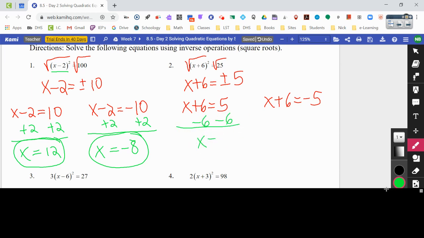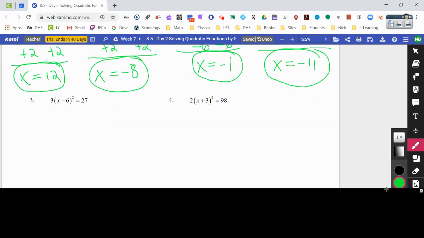And we get x is equal to 5 minus 6 is negative 1. And here I subtract 6, I subtract 6. And we get x is equal to, here we have a negative 5 minus 6 more is going to be a negative 11. So those are my two solutions for example number 2.